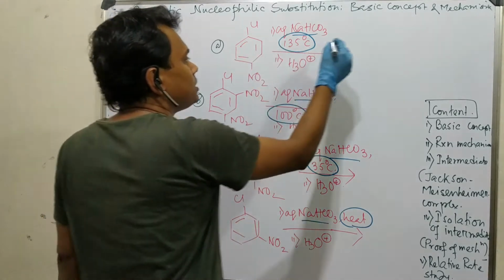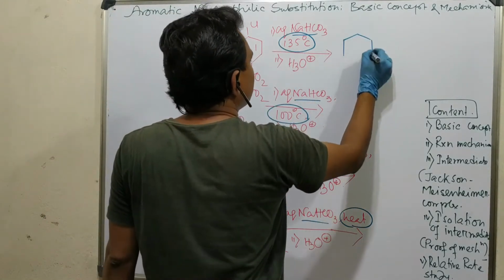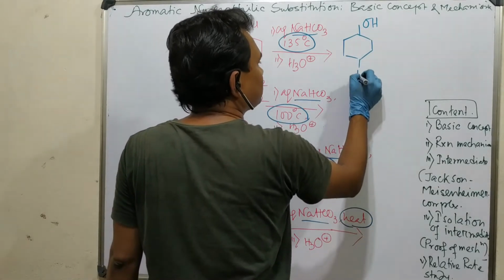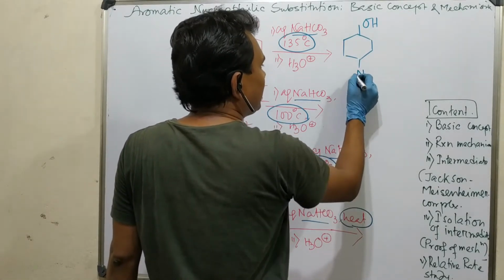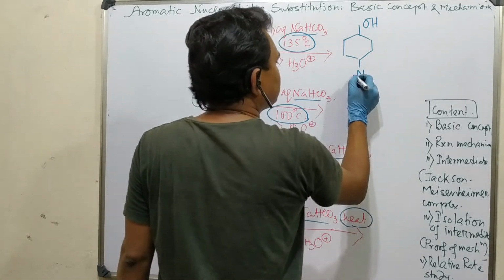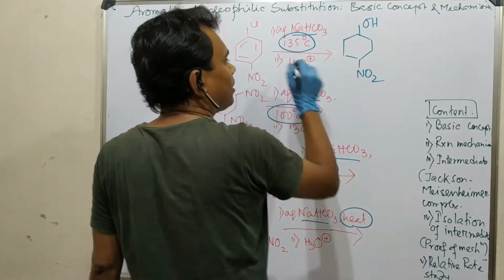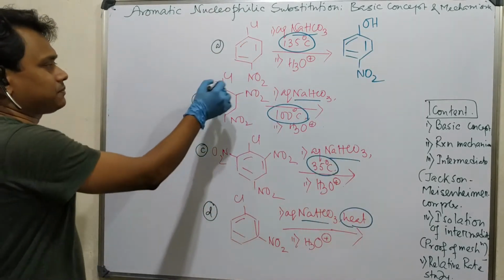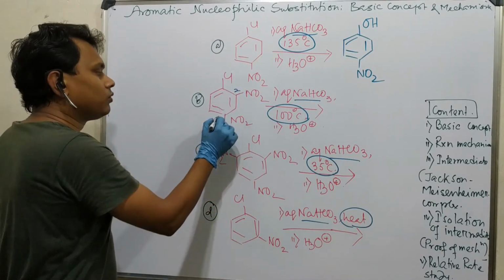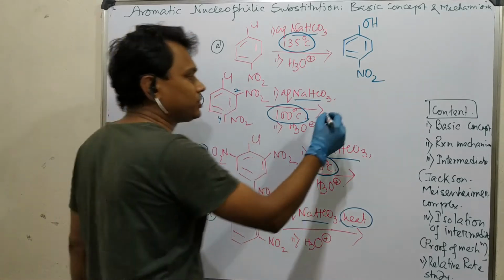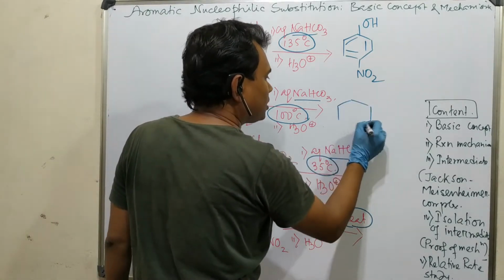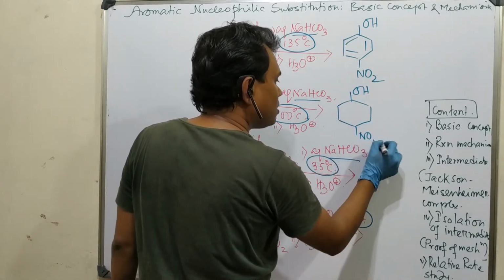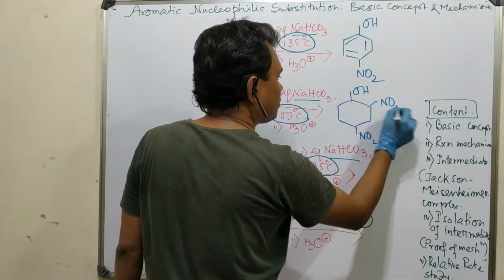What happens? This reaction produces 4-nitrophenol. And by the way, I will explain slowly. This second step product, 2,4-dinitrochlorobenzene, resulted in 2,4-dinitrophenol after workup. This is dinitrophenol.